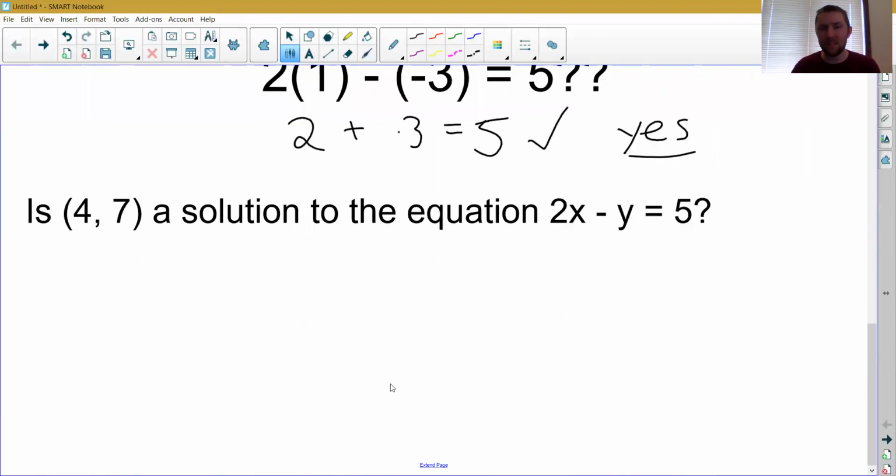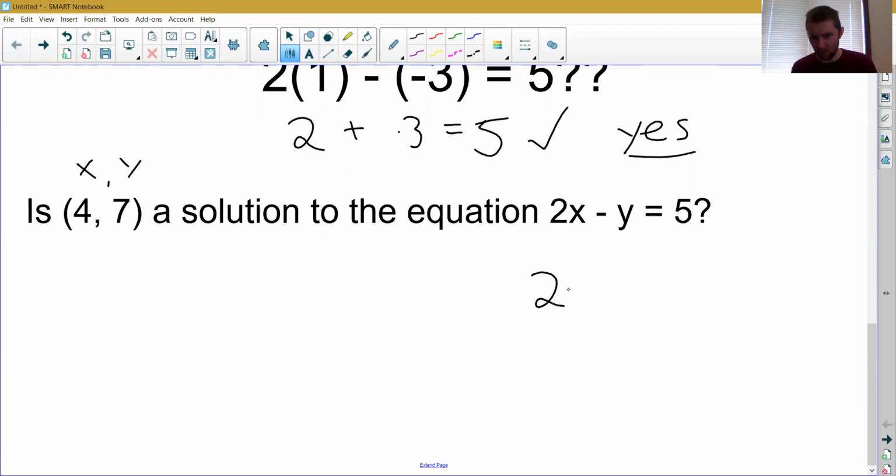Here's another example. Is (4, 7) a solution to that same equation? Well, again, we use those values for x and y. We replace the variables in the equation with those particular values, and we see, does that work? Is it a true statement?